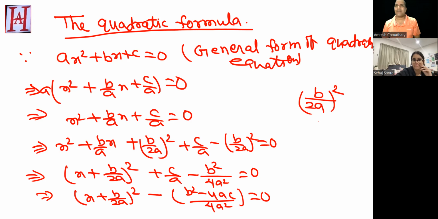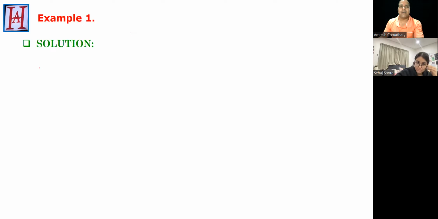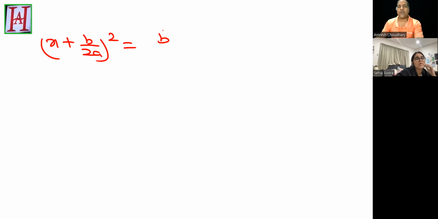Yes or no? If this minus is shifted to the other side, I can write x plus b upon 2a whole square is equal to b square minus 4ac upon 4a square.